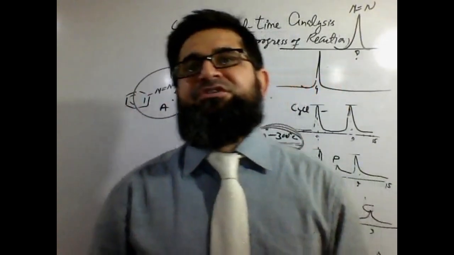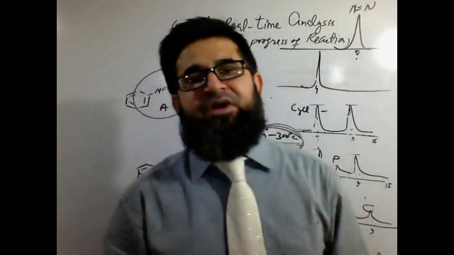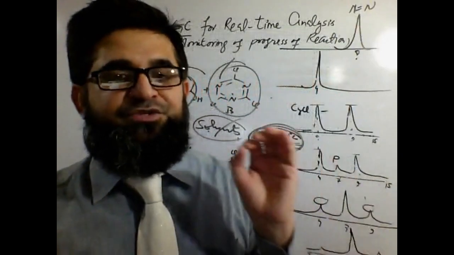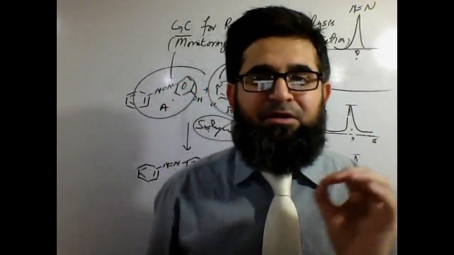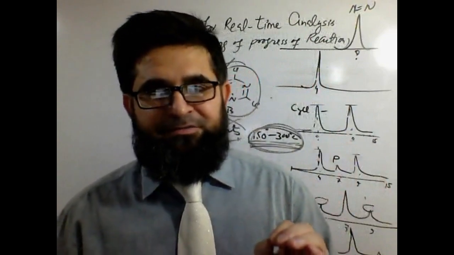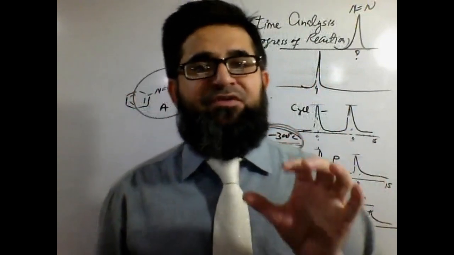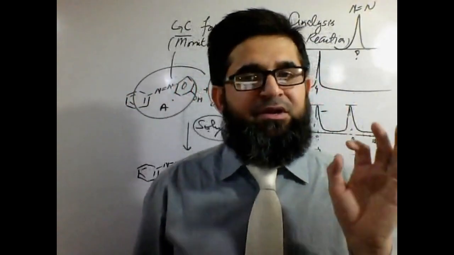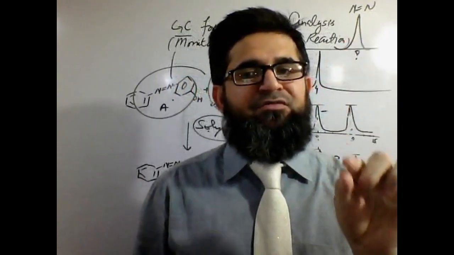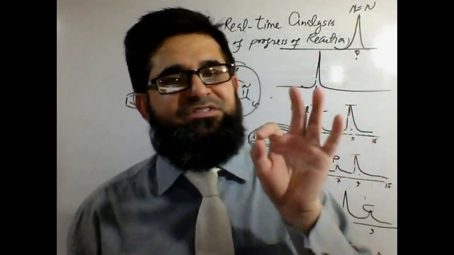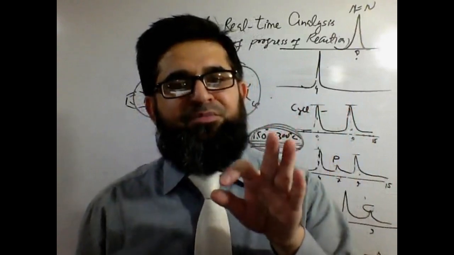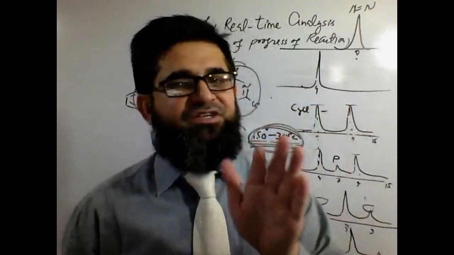So gas chromatography is a very effective technique for analyzing simple reaction mixtures. If you just want to know how many components are there in a mixture, or check the purity of a given compound, you can run that compound on GC. If you find a single peak, it means the given compound is pure. If you find more than one peak, then the compound is impure. There are other fractions also present.